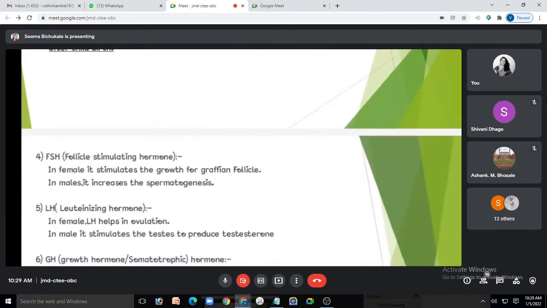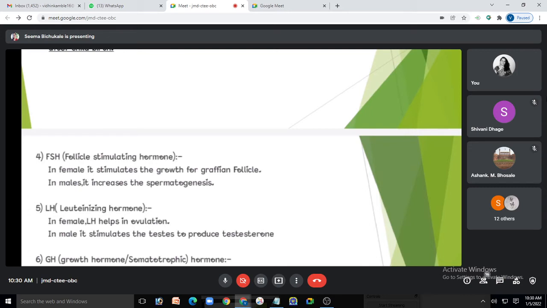Fourth hormone is FSH, follicle stimulating hormone. In female, it stimulates the growth of Graafian follicle, and in male it increases spermatogenesis, that is the formation of sperms. Fifth number is luteinizing hormone.